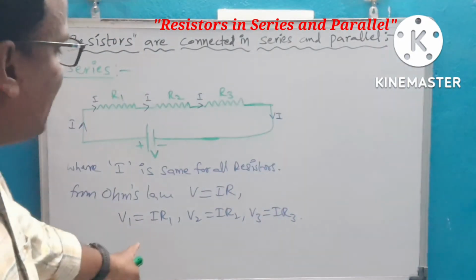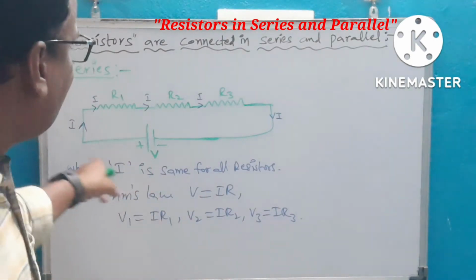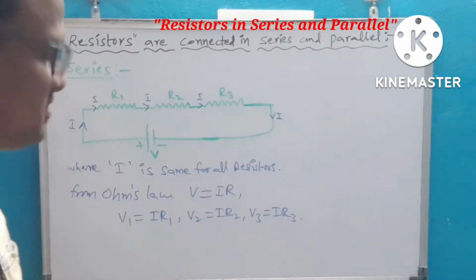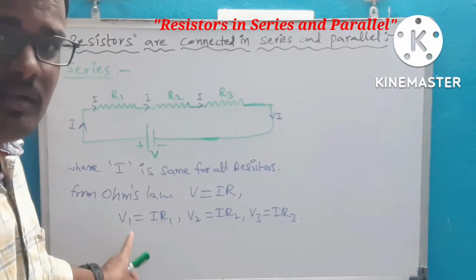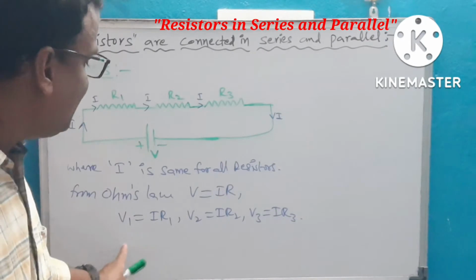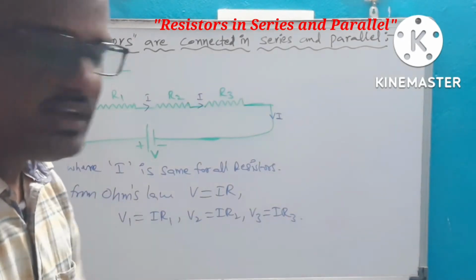Here we don't write I1, I2, I3. Why? Because I is the same for all the resistors, so we write only I. But the potential and resistance are written as V1 R1, V2 R2, V3 R3.